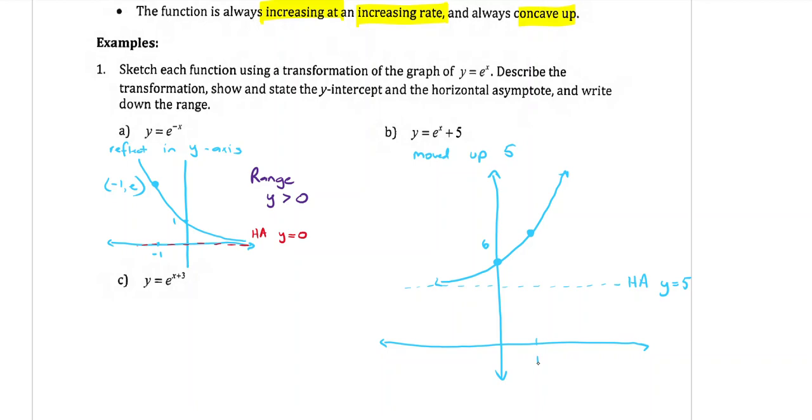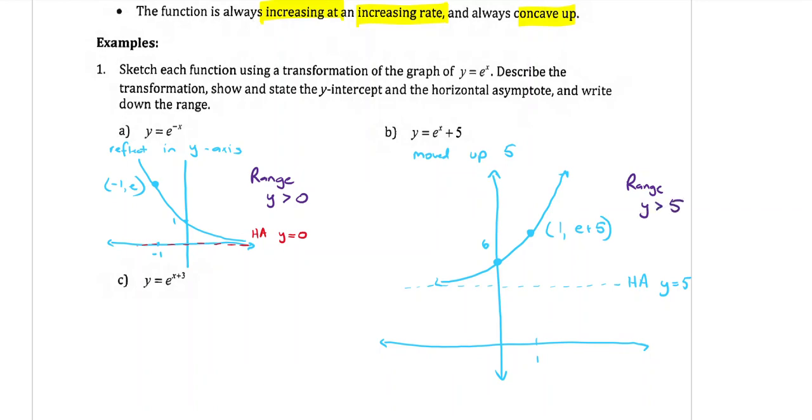E plus 5. So it's 1, comma, e plus 5. Okay, good. What is the range? Yeah. So range y is greater than 5.